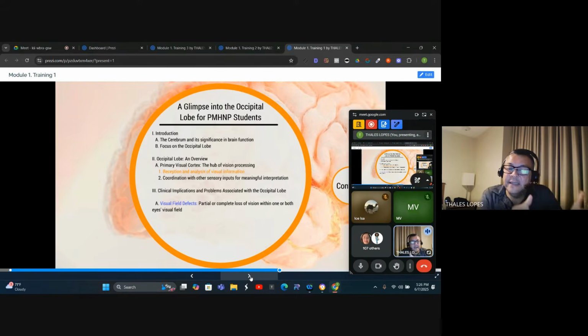Reception and analysis of the visual information is through the occipital lobe. The visual field defects, right? If you think about the cranial nerves, 2, 3, even 4, 6, lots of the occipital lobe is involved, right?